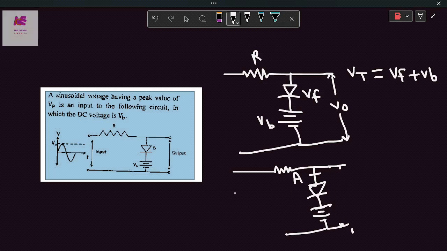Second case, if the voltage at anode is below Vt, the diode will be in off state and we are getting the maximum voltage drop across these terminals.